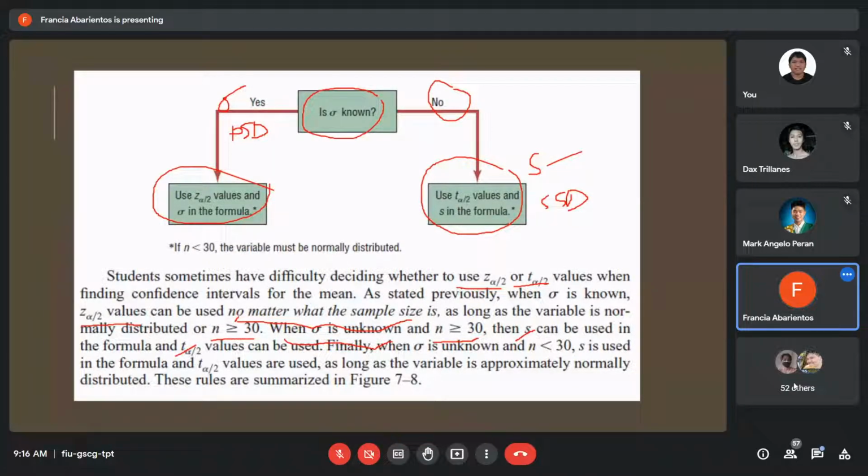Okay? So, pwede din class when the population standard deviation is unknown and n is less than 30, ang ginagamit pa rin class is the t-test. Ayan na. So, yun pag nagkaiba ng dalawa.